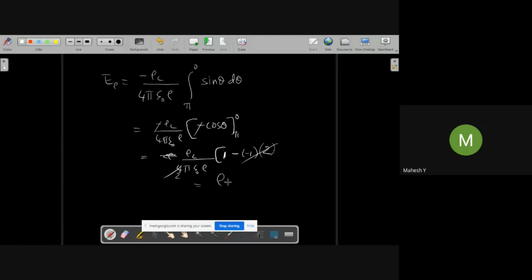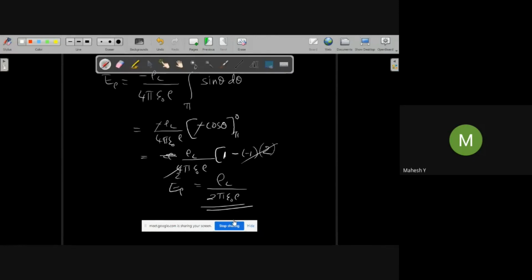So the final answer will be rho L by 2 pi epsilon 0, right? And our vector E is how much? There is no z component, so it will be rho L by 2 pi epsilon 0 rho, in the rho cap direction. That is the final expression.